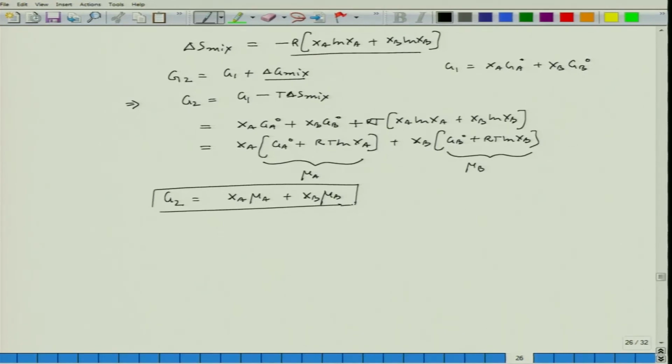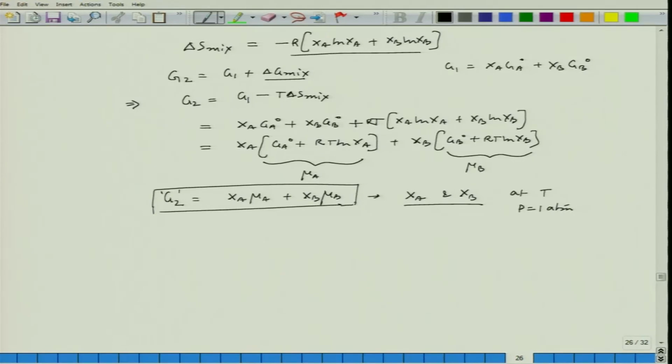This is a very important equation, which tells what would be the free energy if we mix x a and x b at a temperature T when pressure equal to 1 atmosphere. So, that means that is the point, that free energy point. We can also make out the physical aspect of G 2.